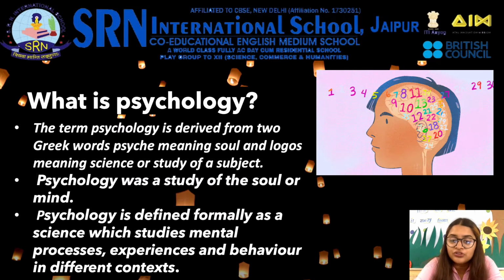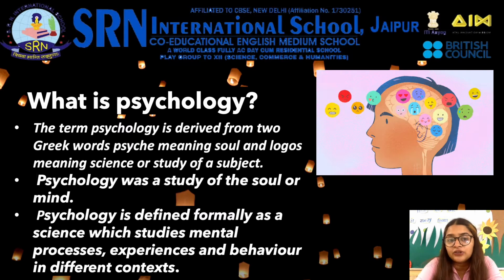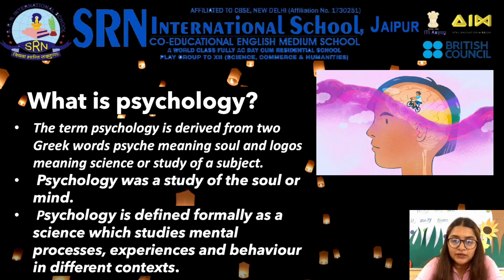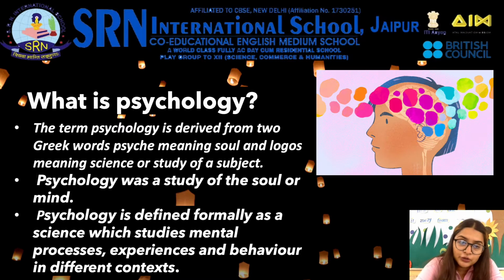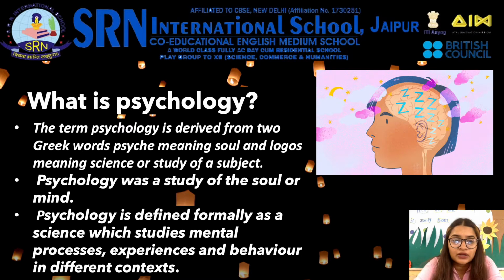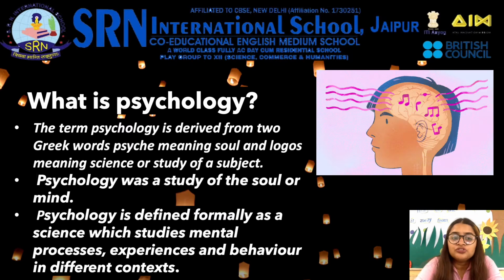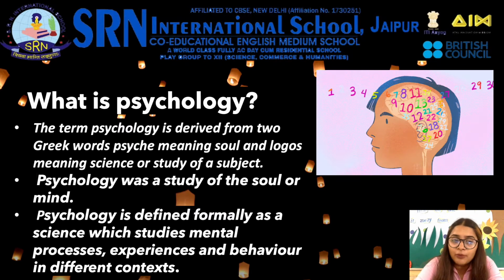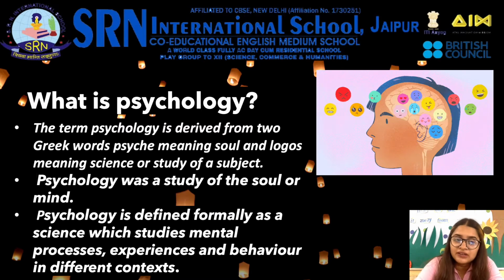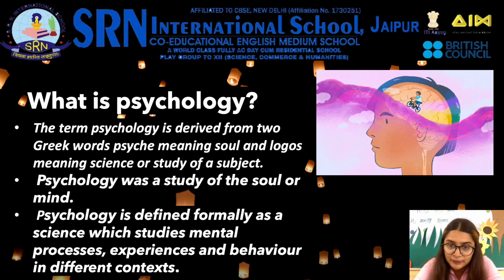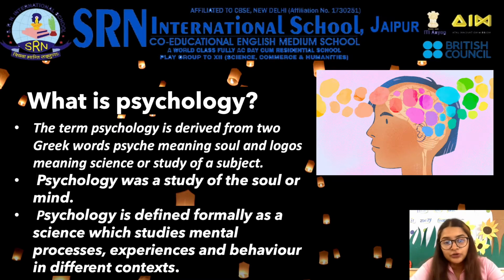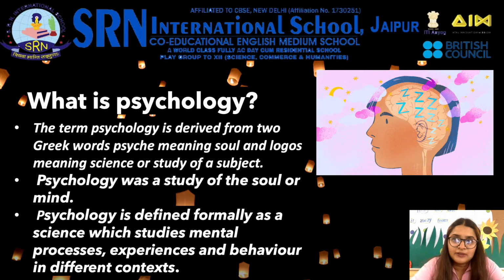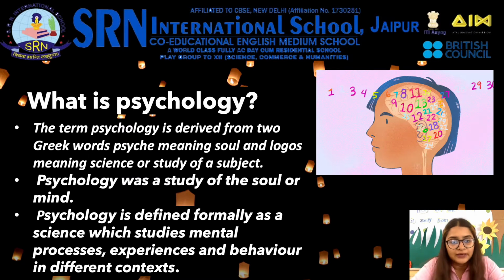Now, psychology earlier was a study of the soul or mind, but now because of the development and evolution in this field, psychology is defined formally as a science which studies mental processes, experiences, and behaviors in different contexts. Now, by different contexts, they mean in humans as well as in animals.